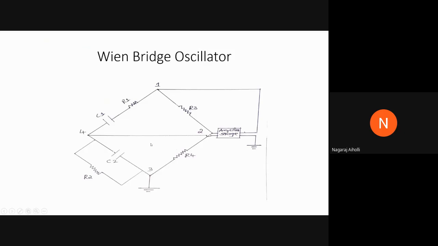The output VF of the feedback network is between terminals 2 and 4, and it is applied as input to the amplifier stage.